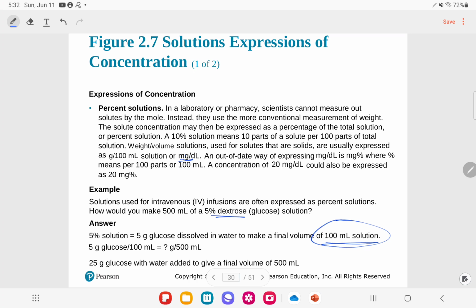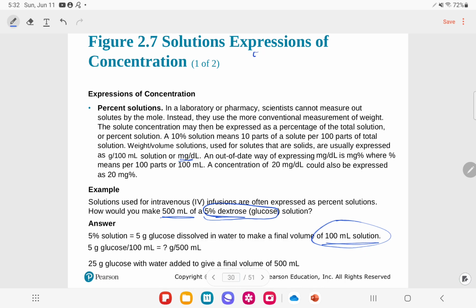And for 5 grams of glucose, we want to make a 5% glucose solution in 500 mils. We know that 5% is 5 grams in 100 mils, and we're trying to find how much glucose we should put in to make 500 mils.